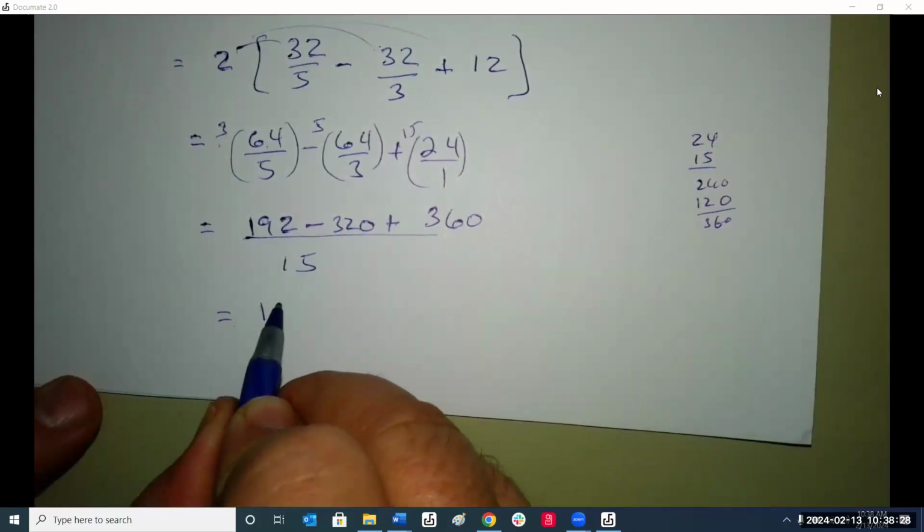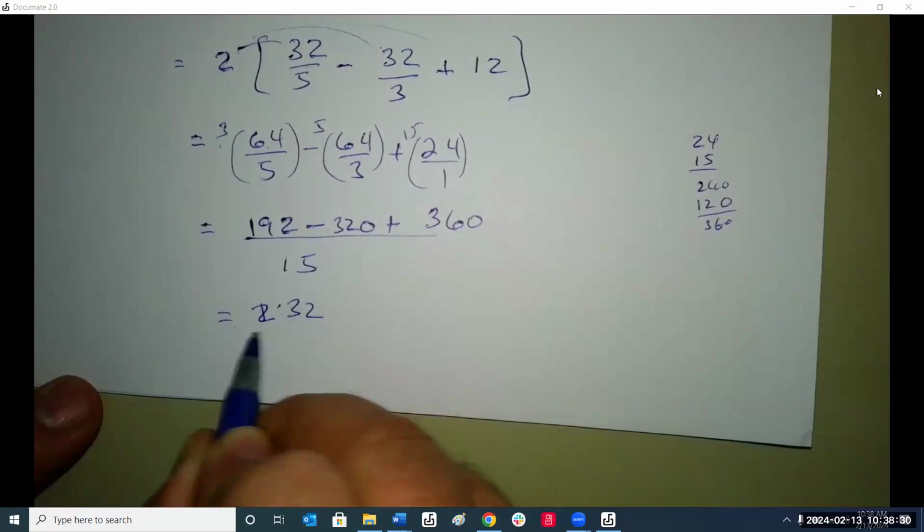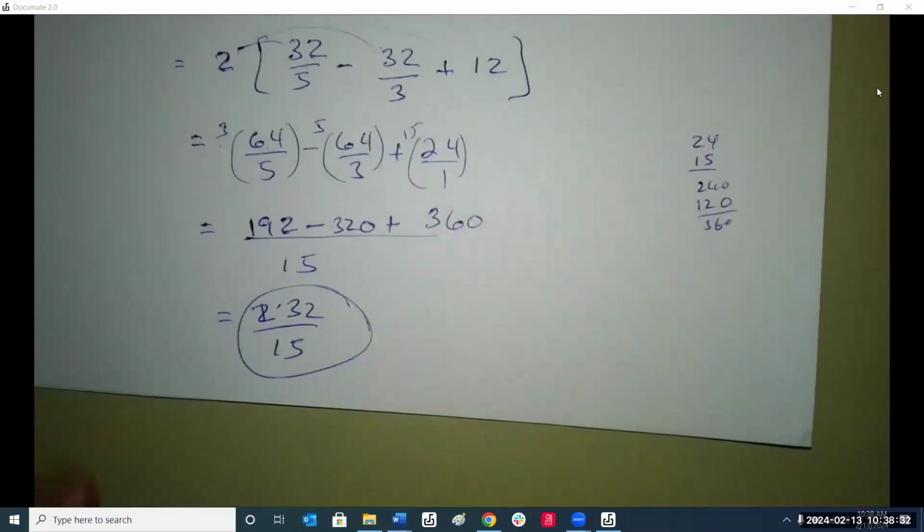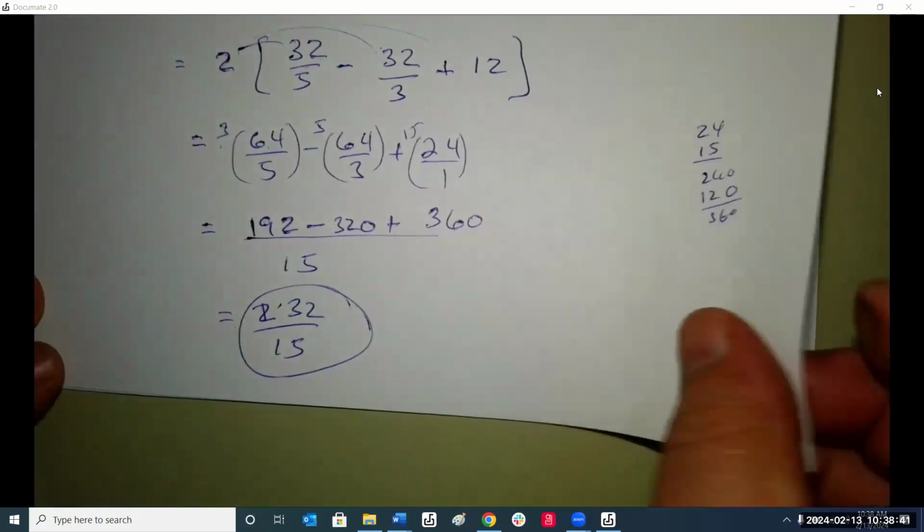So 40 is 232 over 15. Right, so that's that one. Pretty straightforward. Again, those are taking integrals from a function to an x-axis.